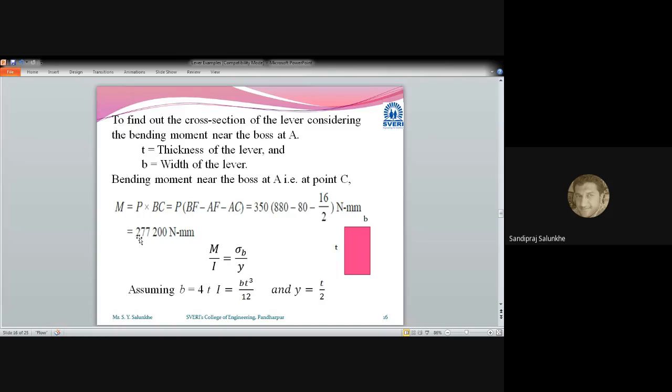Okay, and that is coming as 2,77,200 Newton millimeter. This is the total bending moment which is acting at that periphery of that pin.